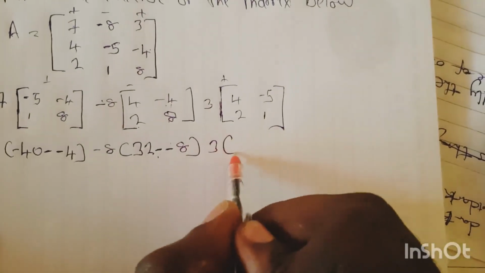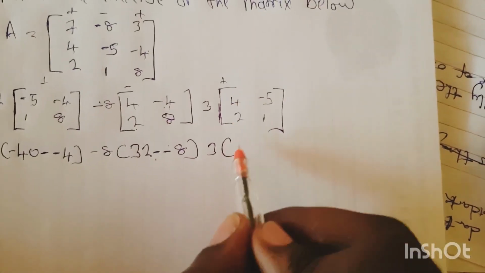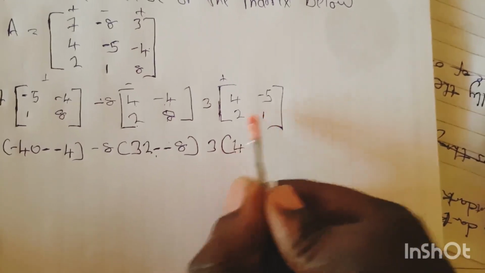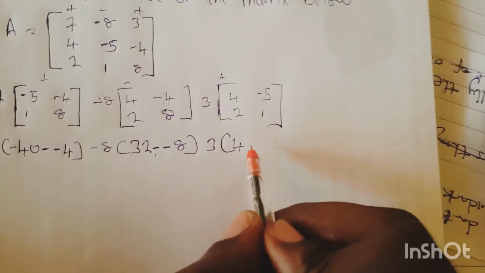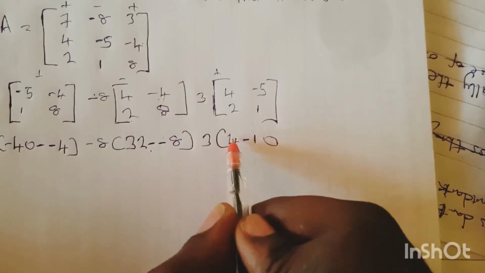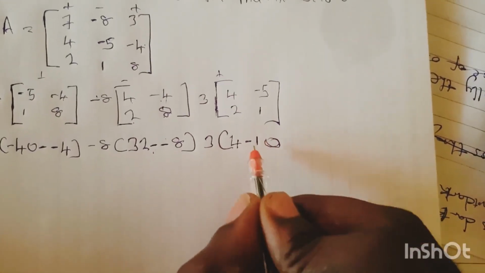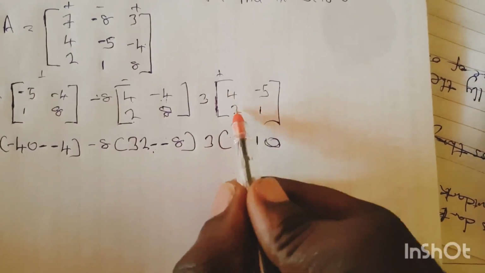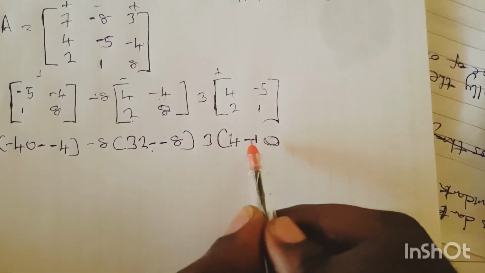So come to this side. 1 times 4, that's going to give us +4. 2 times -5, that's going to give us -10.